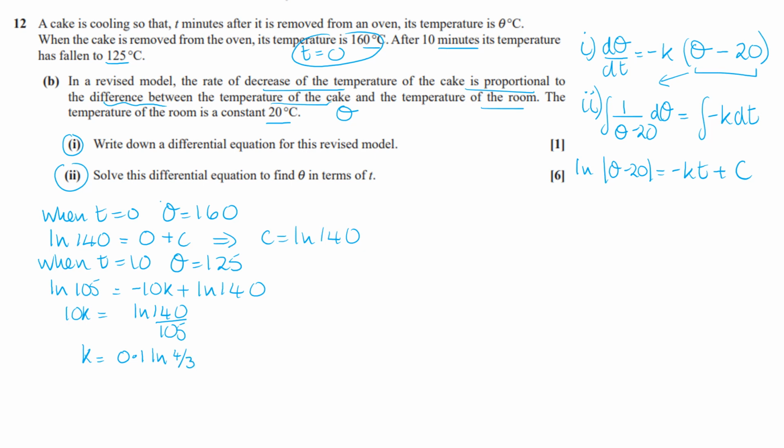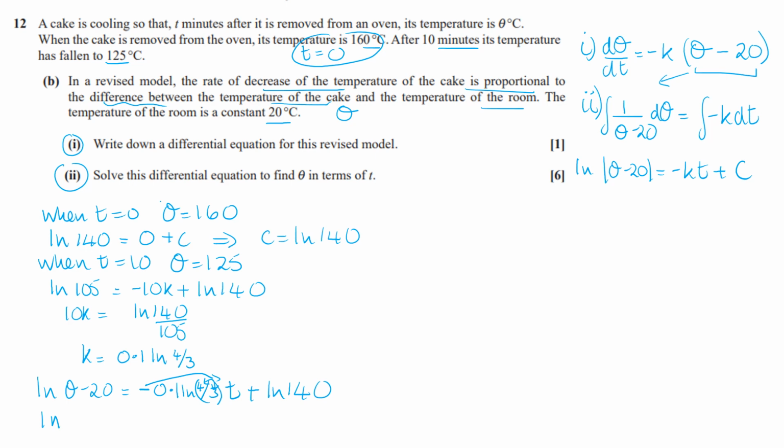So putting that all back in, we're going to get the ln of theta minus 20 is equal to minus k, minus 0.1, the ln of 4/3 t plus the ln of 140. Now because we've got a minus here, we can use our log laws and take that up and raise 4/3 to the minus, which will swap the 4/3 round.